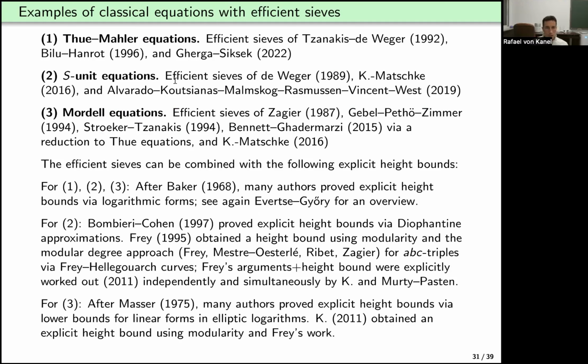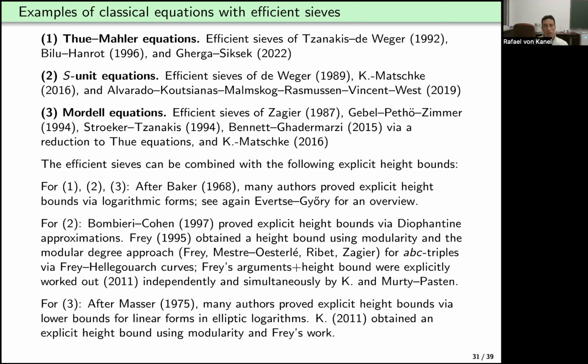For all these, many people developed efficient sieves, and these can be used with essentially any explicit height bound, so it doesn't matter how big the explicit height bound is. There are also several methods which give explicit height bounds, for example logarithmic forms, Diophantine approximation, or modularity for some of these equations. And for all these height bounds, if the sieve is strong enough, it doesn't matter for the running time to compute all solutions.